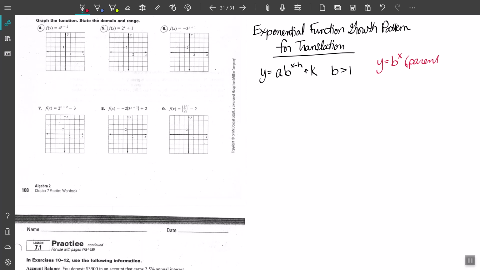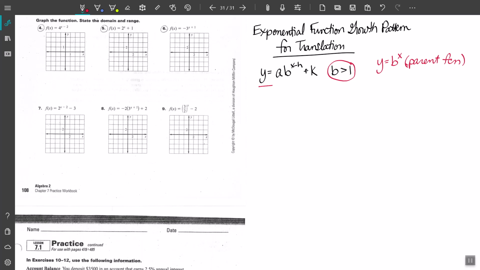On an exponential growth function, b has to be greater than 1. That's just a definition of growth. So the b value will be greater than 1 on a growth pattern. That'll change on a decay, which we'll talk about tomorrow on the next video.